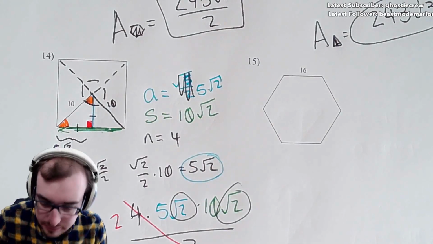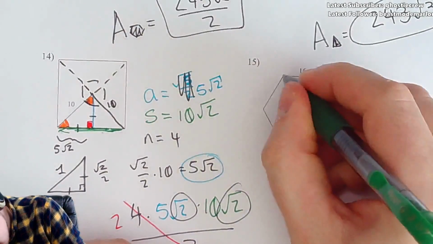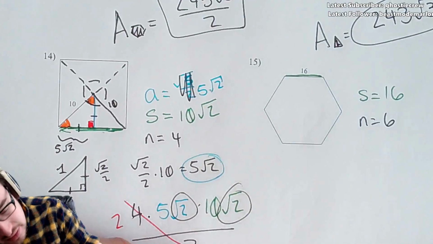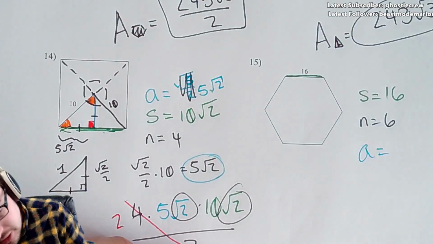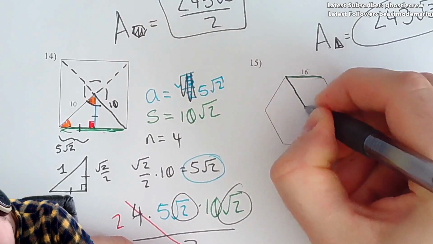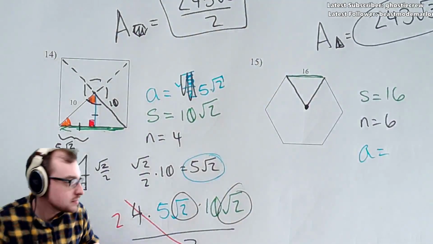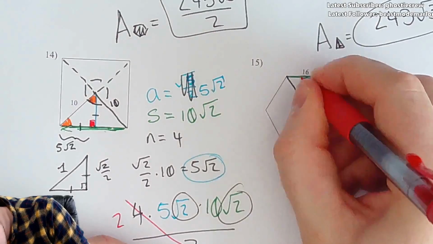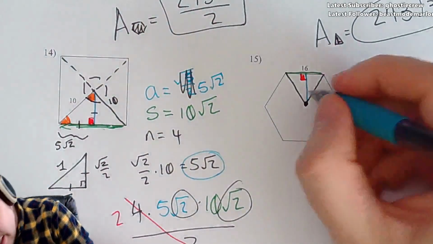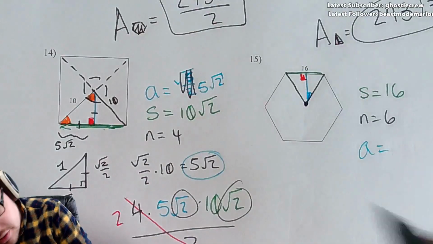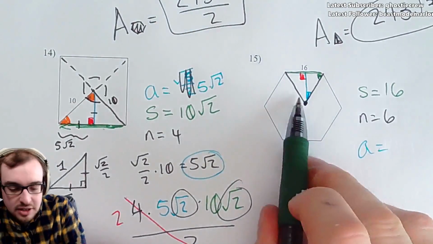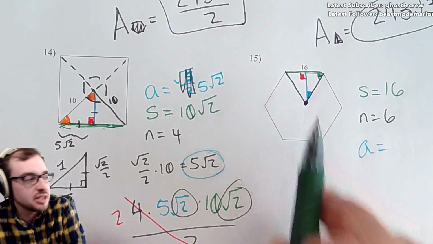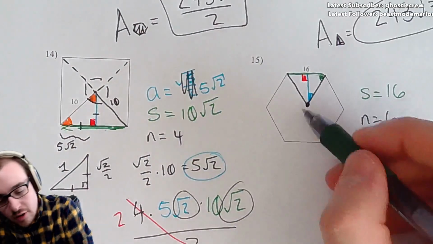This one, they give us the full side length. We know n is 6 because it's a hexagon. We just have to find that apothem, and then we're good to go. I think by now you've noticed that these are 30 and this is 60. And the way we do that is we say this whole thing is 60 because 60 plus 60 plus 60 plus 60 plus 60 plus 60 is 360, all the way around.